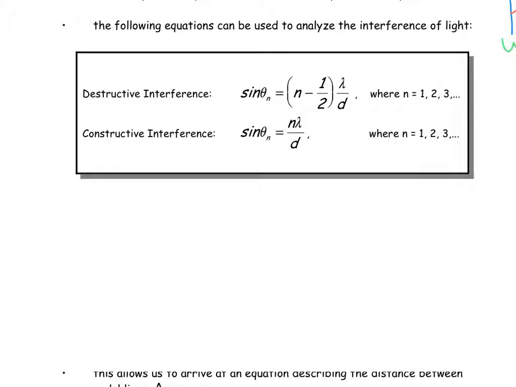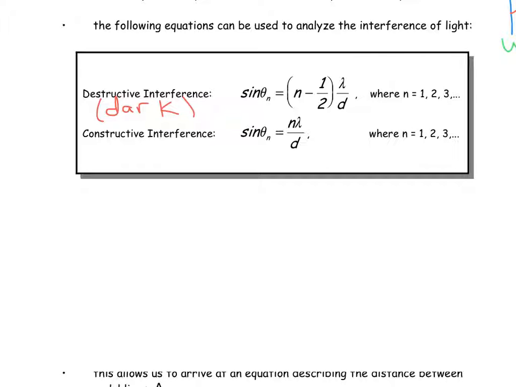So the first equation that we saw yesterday allowed us to make some calculations relative to those nodal lines. Let's take a look at that again, because it's going to apply here. Whenever we see destructive interference, in other words those minima or the dark fringes, we're going to use this formula right here: sine theta is equal to (n minus 1/2) lambda over d.